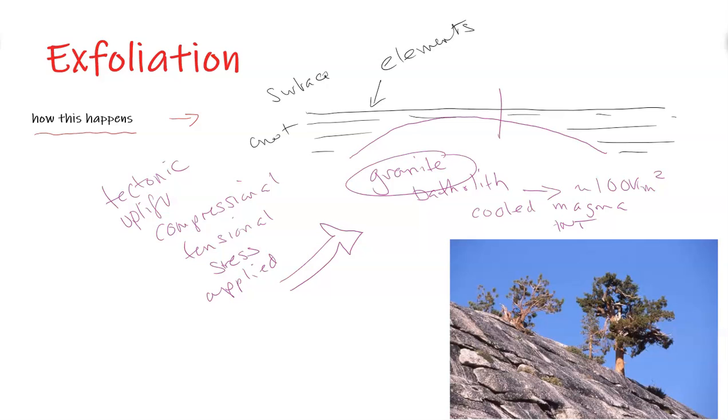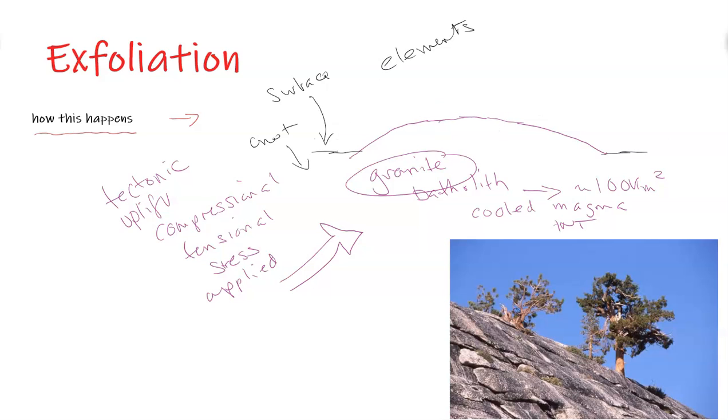And over time, this granite batholith now comes above the surface. So now we have this batholith, which is now part of the surface relief, the terrain, and it is above the prehistoric surface level, and now is exposed to the elements.